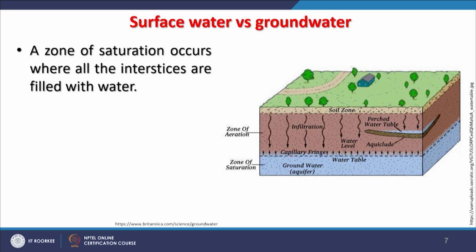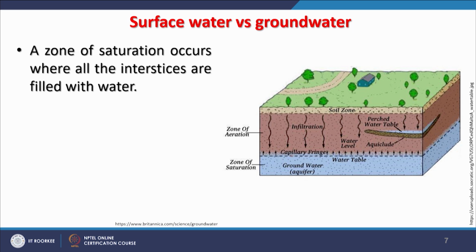Whereas water level, as I have just mentioned, is measured from the topographic surface. So, there are two different ways of referencing or naming these two things. One is from the topographic surface, that is called water level, and one is with reference to mean sea level, that is called water table. So, this distinction must be remembered in our discussion.